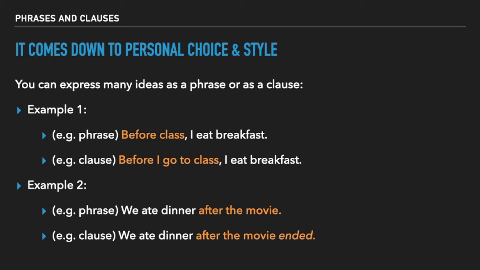That's an example of a phrase. And the second example, "We ate dinner after the movie ended." You'll notice that only one word has changed. In fact, one word was added, the word ended. Adding the verb ended has now made the movie a subject. So again, nouns can be subjects, but they have to have verbs in order to be subjects. So the word ended changed the phrase into a clause.